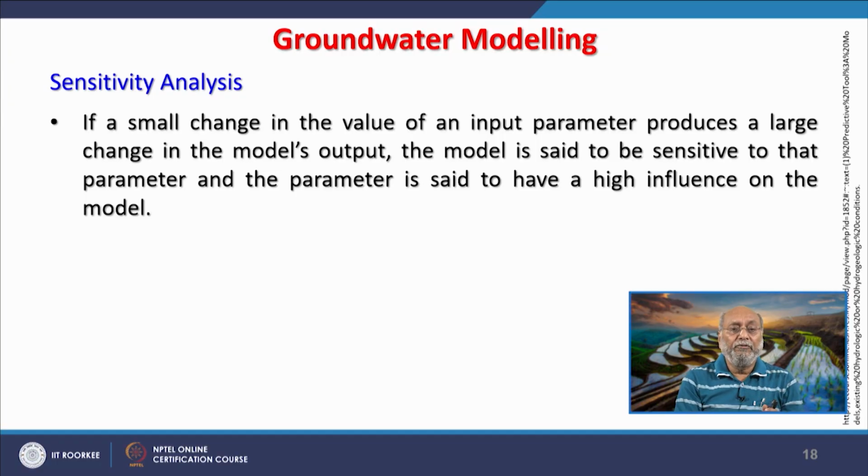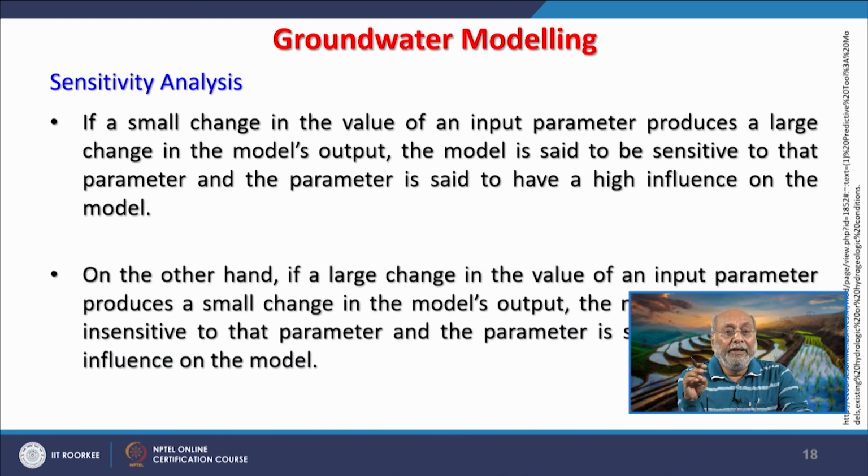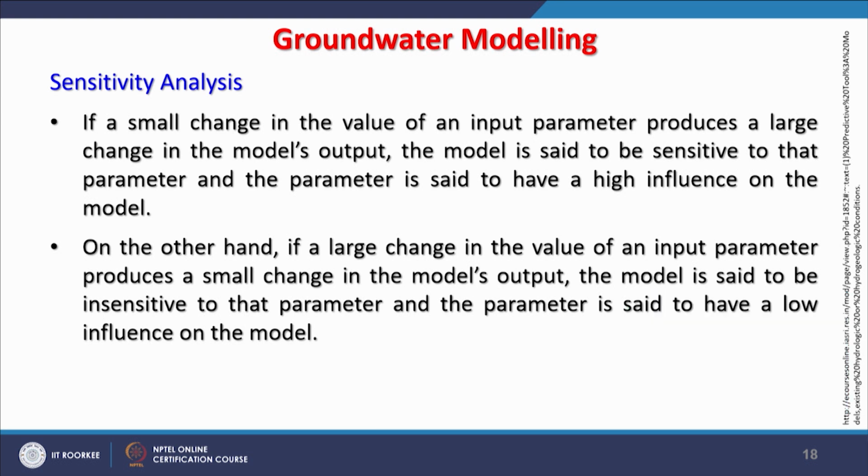For example, if we make a small change in the value of an input parameter, and it produces a large change in the model's output, the model is said to be sensitive to that parameter, which means it has a high influence on the model. And if large changes are made and no significant changes come in the output, then that parameter is insensitive to the model. That is why sensitivity analysis is performed.